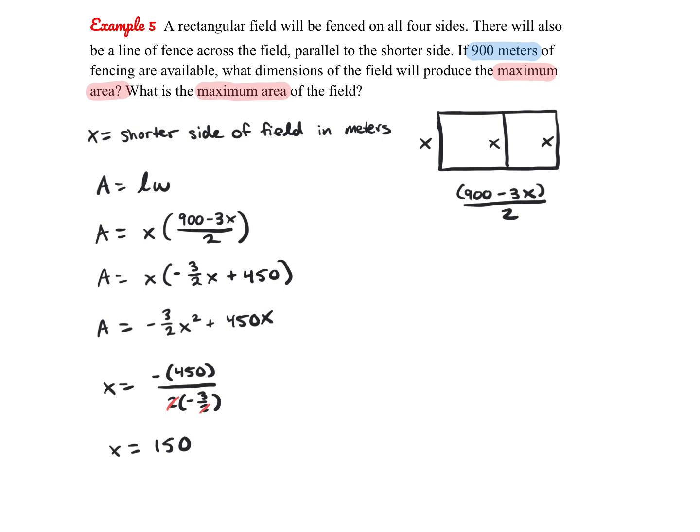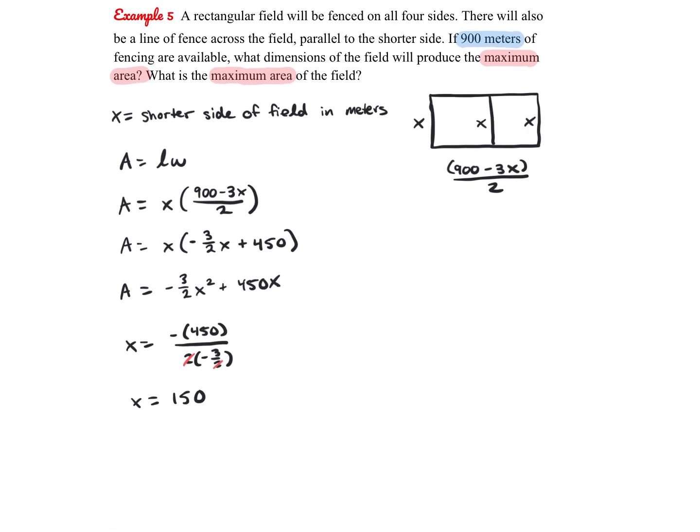So if we want to find those dimensions, well, we know that one length should be 150 meters, right? This length should be 150 meters, and then we need to figure out what this length is. And we can find that by simply plugging in 150 into this equation. So we have 900 minus 3 times 150 divided by 2.